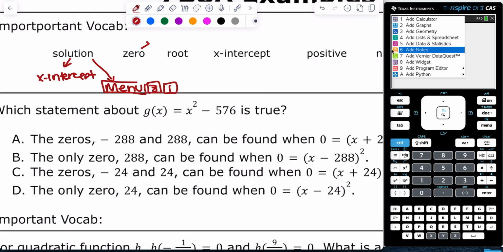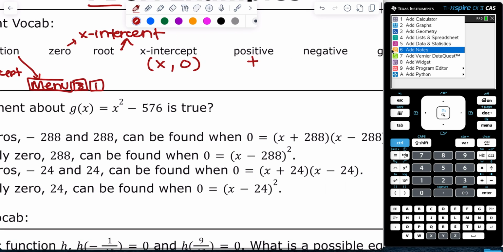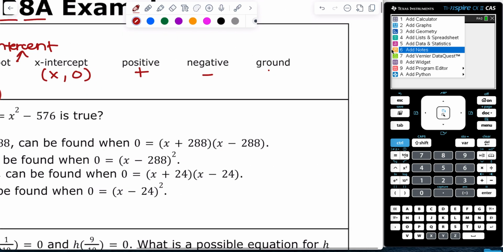Okay, and 0 also means x-intercept. Root also means x-intercept, and remember, x-intercept is always parenthesis x comma 0. Ground will also mean x-intercept. That's very important. You have to know that. The ground is the x-intercept, the x-axis.